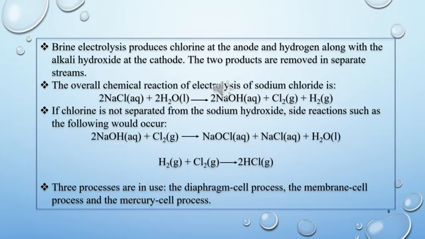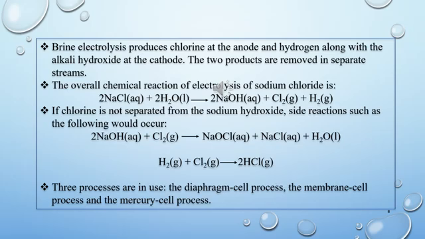The 2 products are removed in separate streams. In this point, he said that by brine electrolysis, they will produce chlorine at the anode and hydrogen and sodium hydroxide at the cathode.